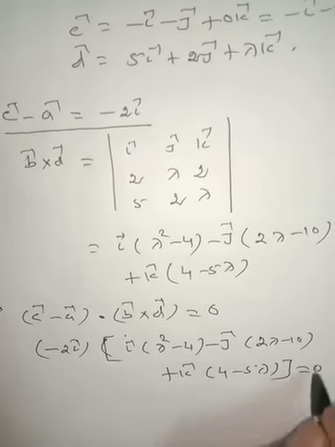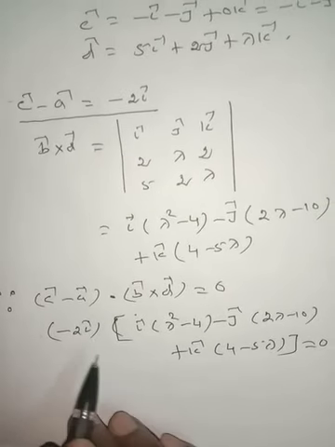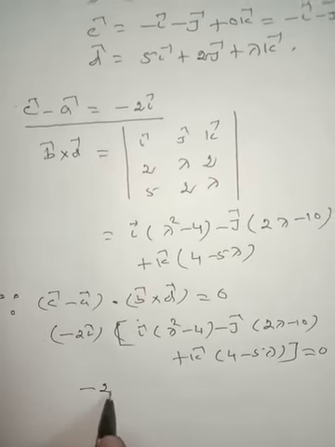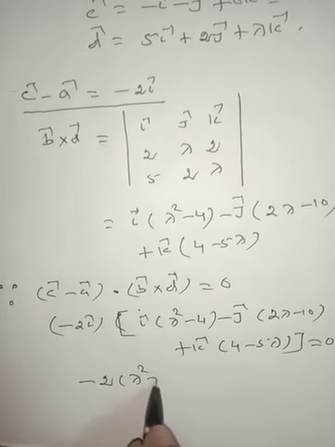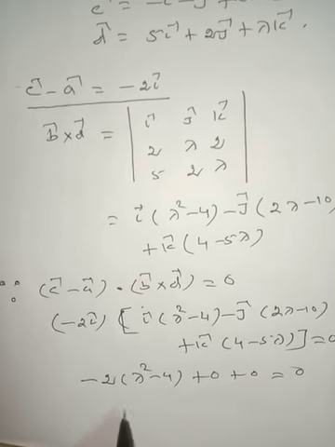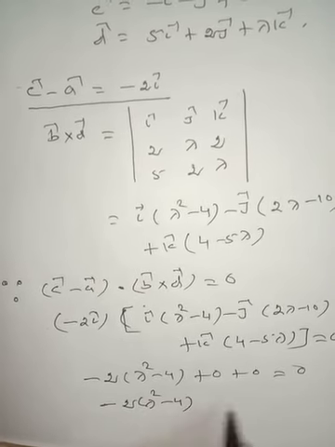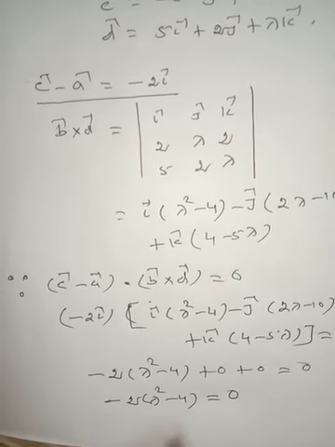is equal to 0. Here i vector only, therefore i dot i is 1, minus 2 into lambda square minus 4 plus 0 is equal to 0, so minus 2 into lambda square minus 4 is equal to 0.